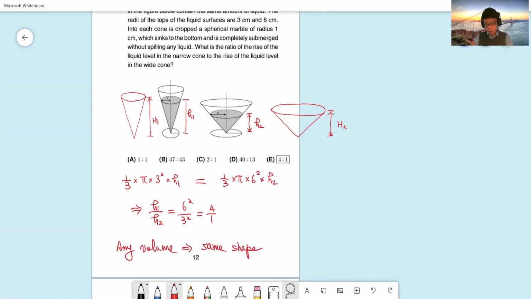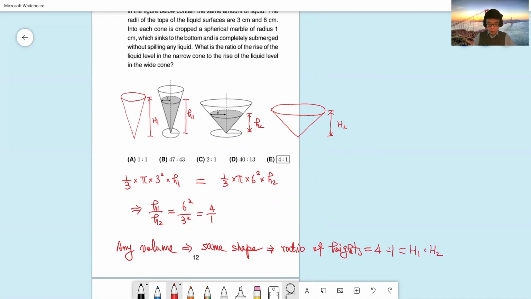They still have the same volume, so the scaling number is still the same. That means we always have the same ratio. It is still 4:1. That's the ratio for the new H.